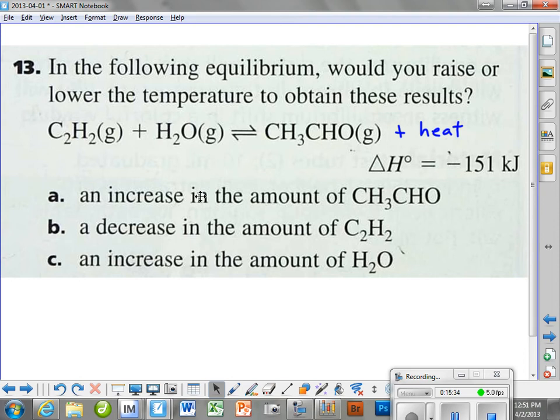Now we're going to look at an increase in the amount of the product. There's only one product, and so this little dude right here you see on the right side of the equation, on the same side as the heat, and the C2H2 over here and the H2O here. So I'll be manipulating this equation in the problem.